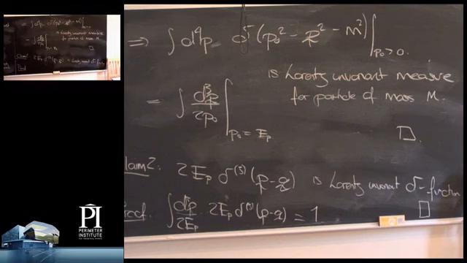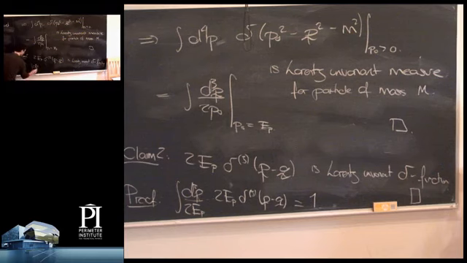The proof of this is just that this is a Lorentz invariant measure, and we multiply by the Lorentz invariant delta function. That's what gives us 1, and 1 is obviously a Lorentz invariant number.